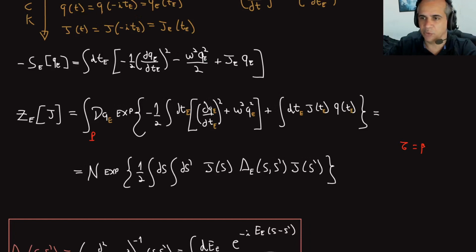I have to put all derivatives in the middle, right? But now I don't have the subtlety that I had in Minkowski space. Why? Because these integrals are all with periodic boundary conditions. So all these coordinates should be the same at tau 1 and tau 1 plus beta. Same here.